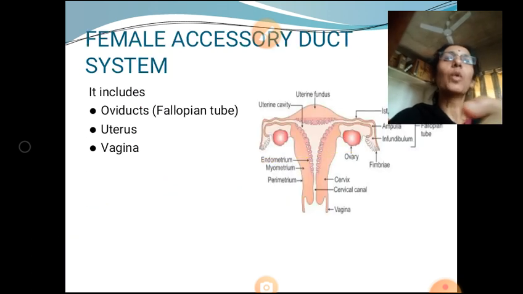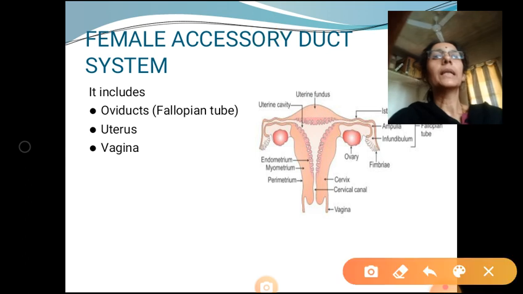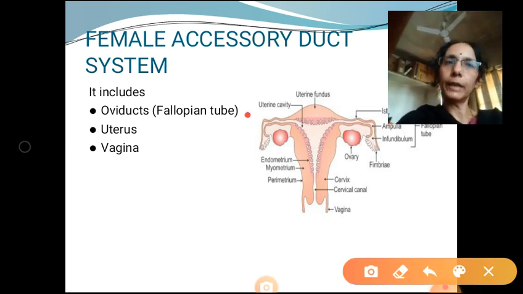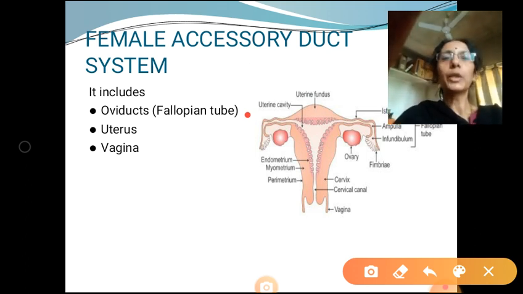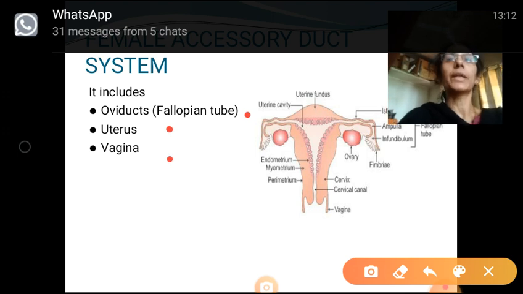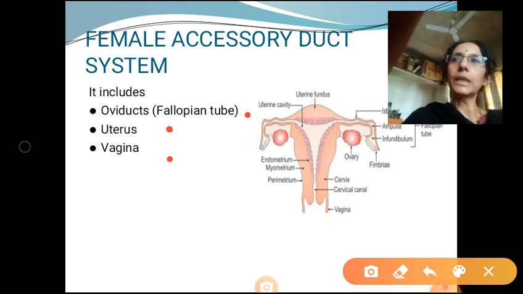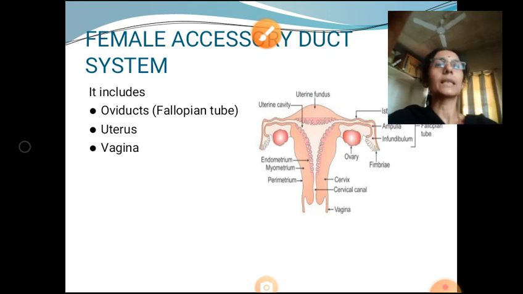Now let us move on to the accessory duct system. The duct system includes the oviduct. What's the other name for the oviduct? It is also called the fallopian tube, then the uterus and vagina. So the oviduct or fallopian tube, uterus and vagina make up the female accessory duct system.